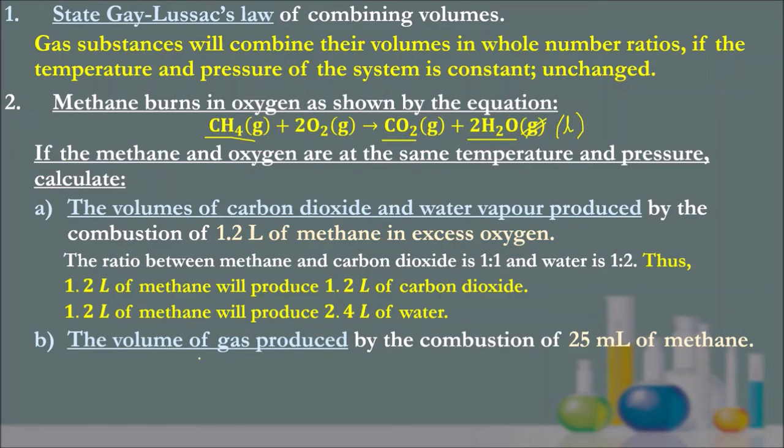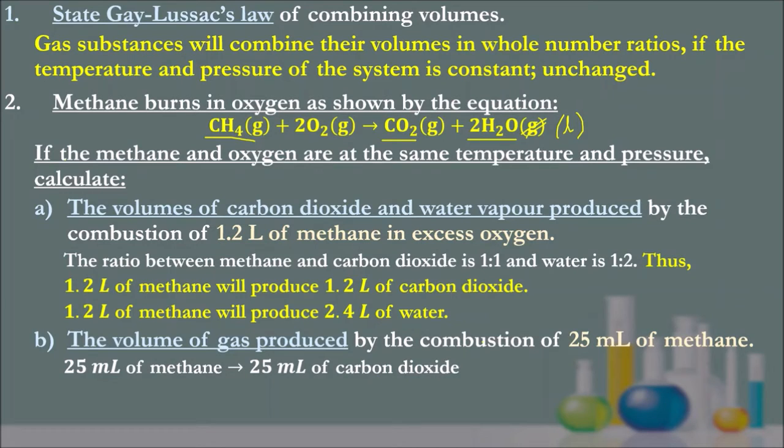Okay, next question. We have the volume of gas produced by the combustion of 25 milliliters of methane. So let's again look at it. 25 milliliters of methane would produce 25 milliliters of carbon dioxide. Same ratio.